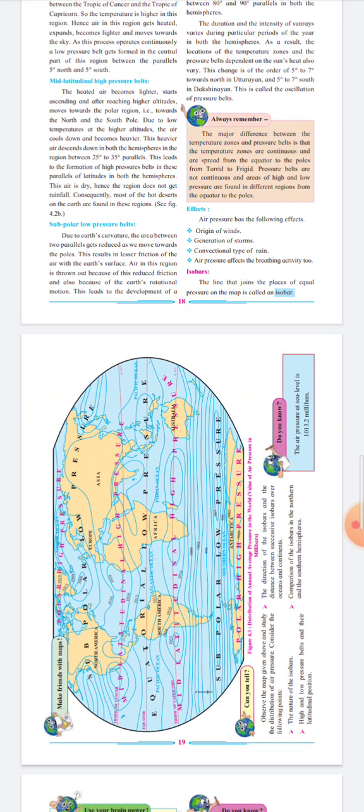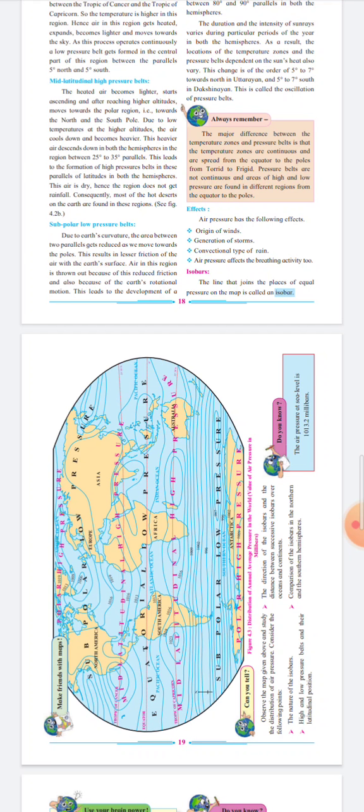So the first question is, which pressure belt is mainly found in the tropics? The equatorial low pressure belt is mainly found in the tropics. With which pressure belt are the polar winds associated?